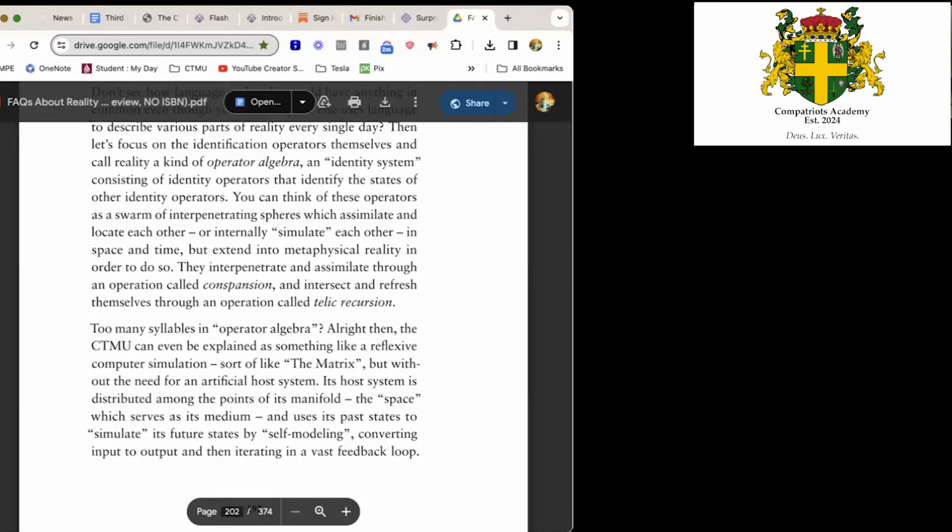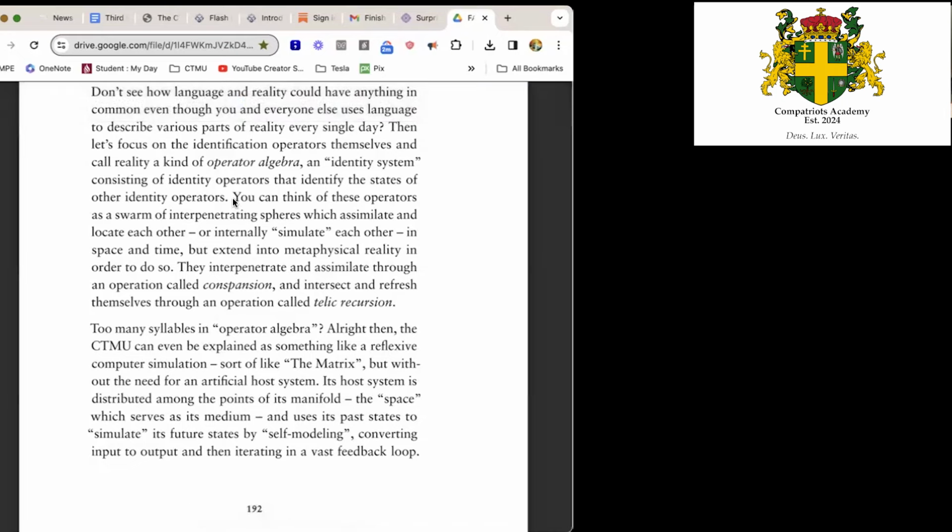That means they can be taken in as perceptual input, which is not an obvious feature of matter. Why is it that we can see material things? It's because there's a deeper level than matter, which is these syntactic operators. In an abstract sense, as Patrick said, and he's done a number of animations or thoughts about this, you can think of these operators as a swarm of interpenetrating spheres.